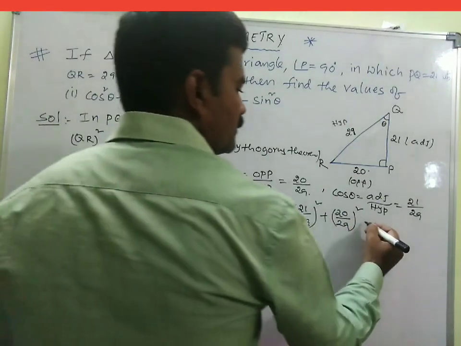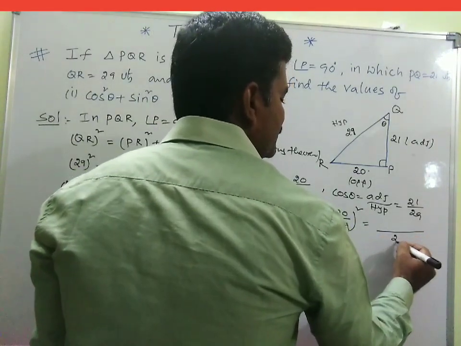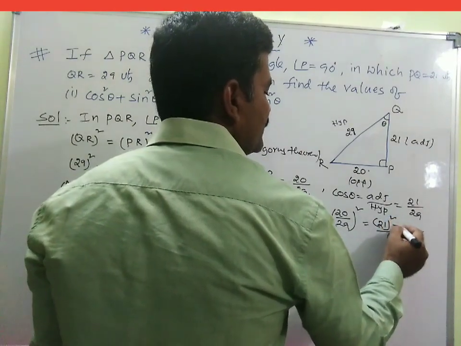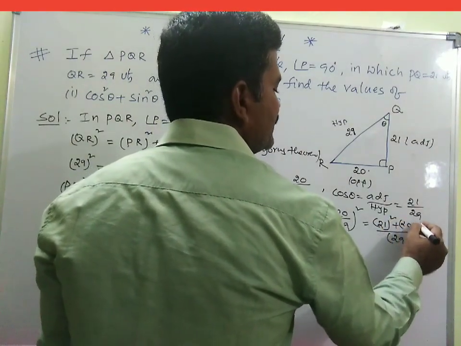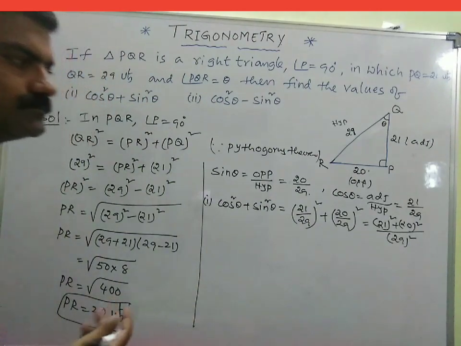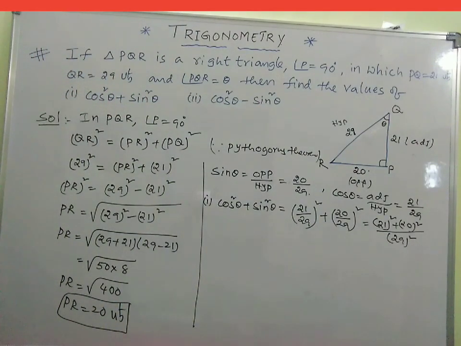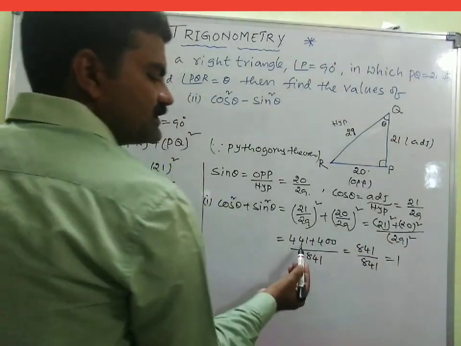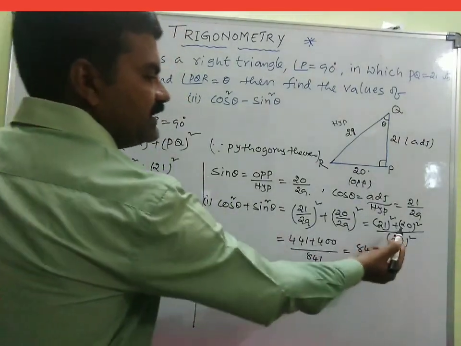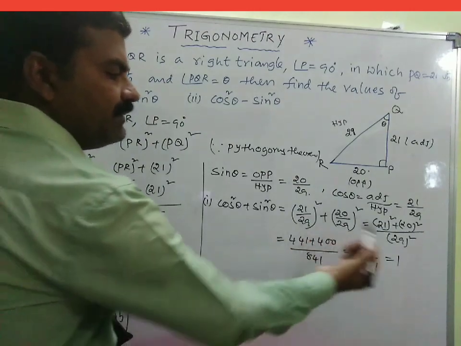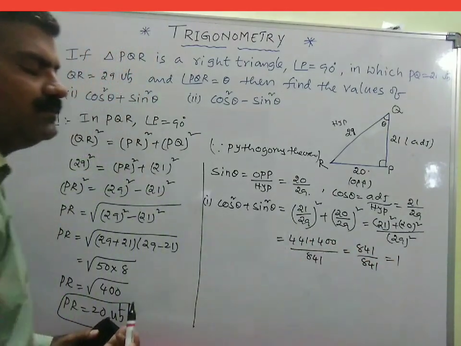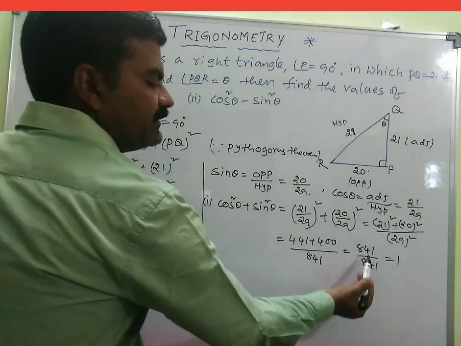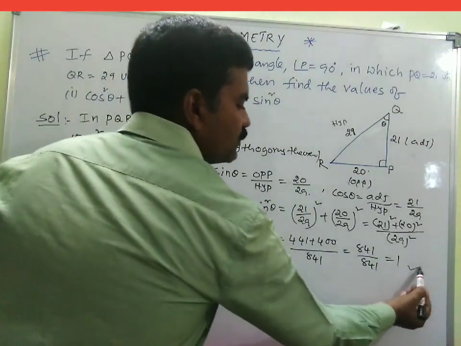Okay, so the denominator is clearly 29 whole square. Now the numerator is 21 whole square plus 20 whole square. So 21 whole square, which is 441, plus 20 whole square, which is 400, by 29 whole square, which is 841. Now adding these two, we get 841 by 841, which is equal to 1.